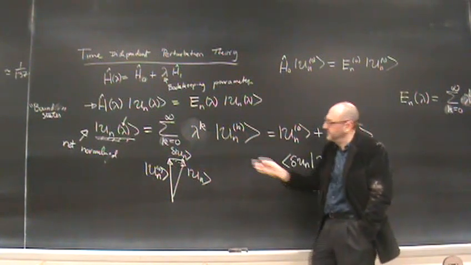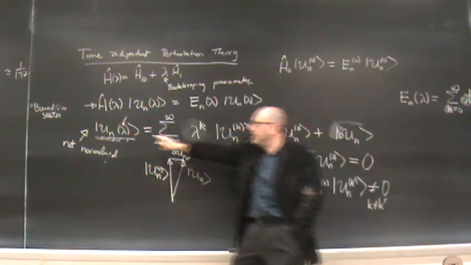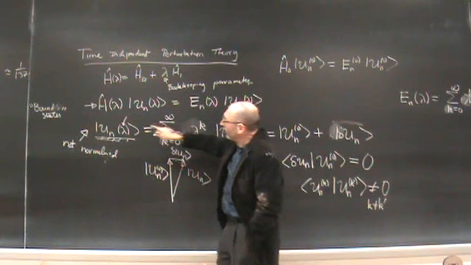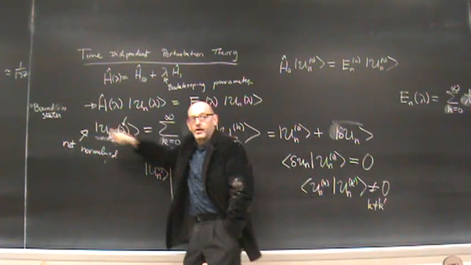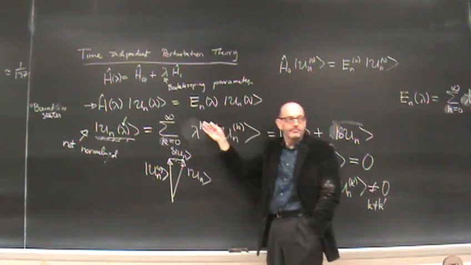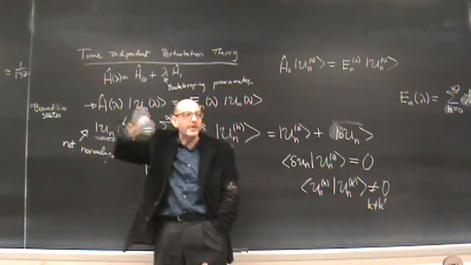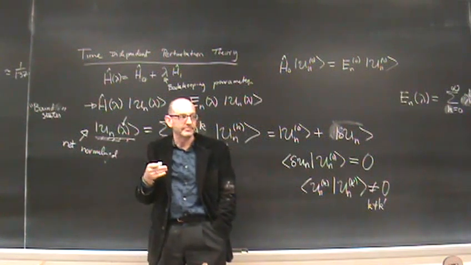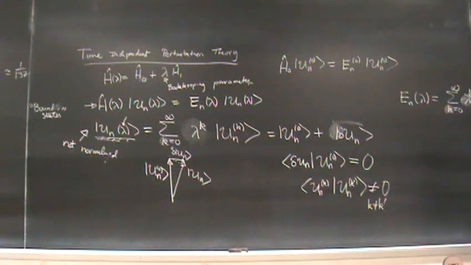They're not. It's just the expansion. The total vector, u_n, forms a basis. But the pieces in the sum are not the basis. All right?